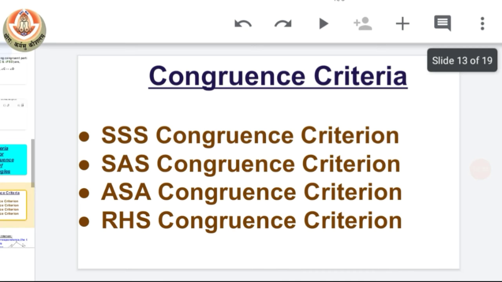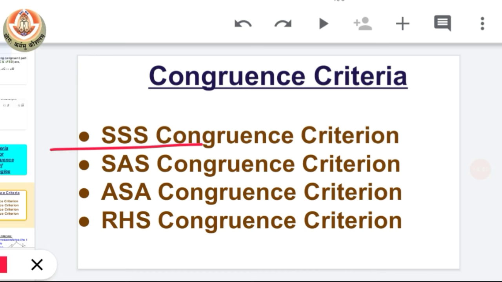So you can see here we have four types of criteria. One is SSS, which means side, side, side. The next one is SAS, in which the first S means side, A means angle, and the third S also means side. It is the side angle side criterion.